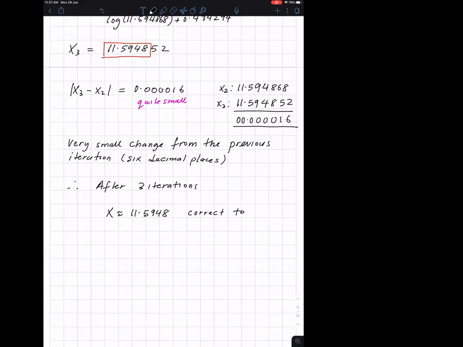The question didn't ask you to go up to 6 decimal places, but I think 4 decimal places is sufficient.